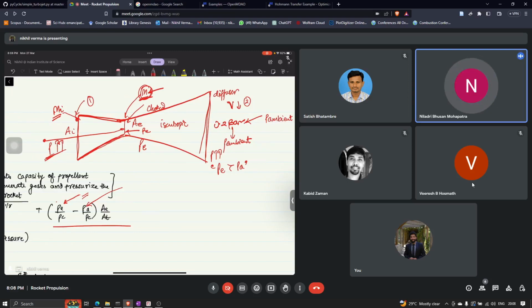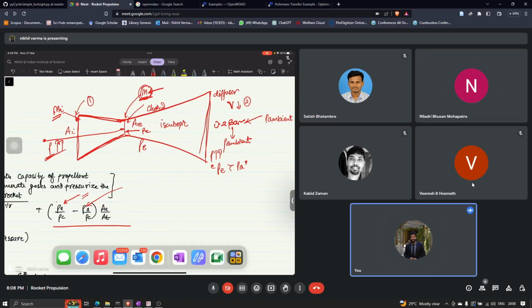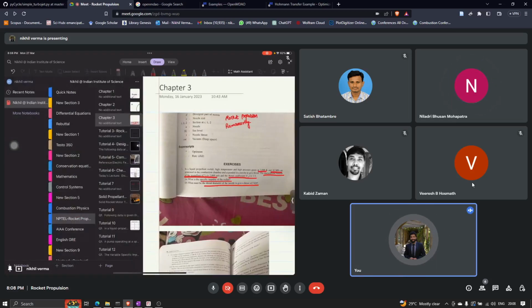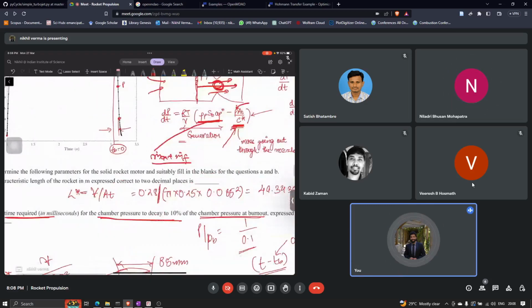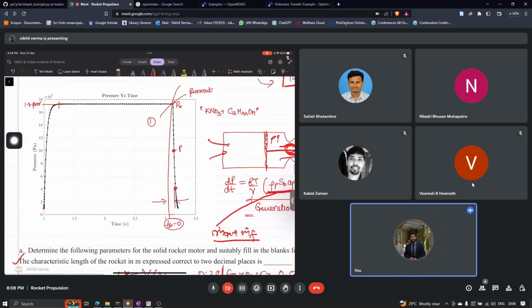That initial diffuser thing I have not considered, because that will make the derivation complicated. So you have to consider the initial state, that's what I am telling you. When we were doing this calculation, initially I was also getting the negative value in the starting stages.